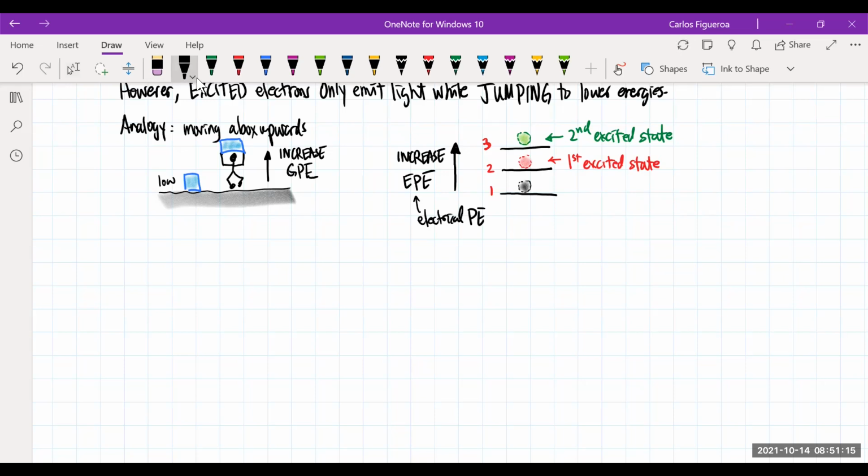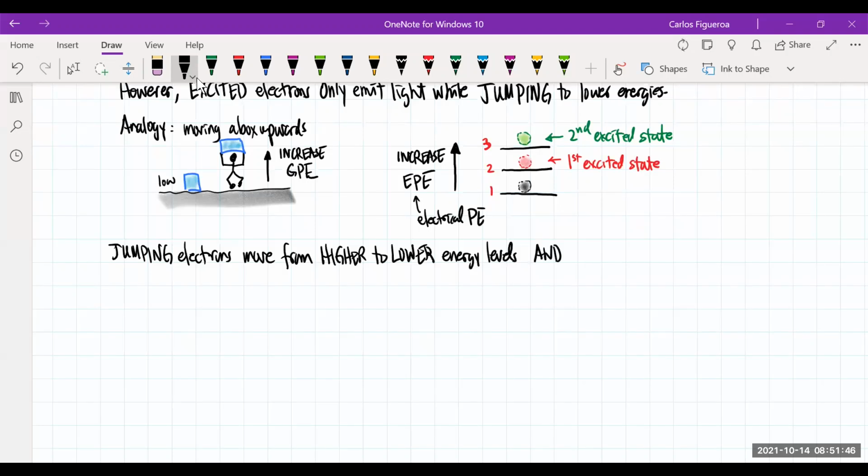So jumping electrons move from higher to lower energy levels, and they emit light, as we talked about already here.